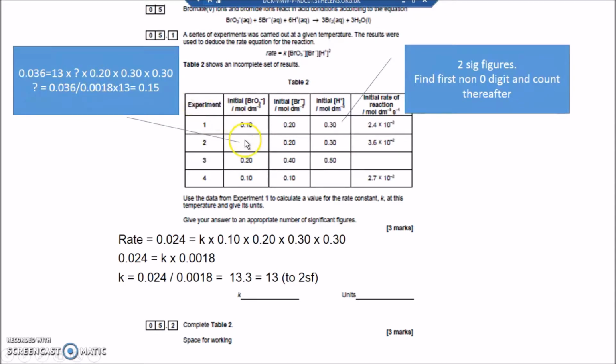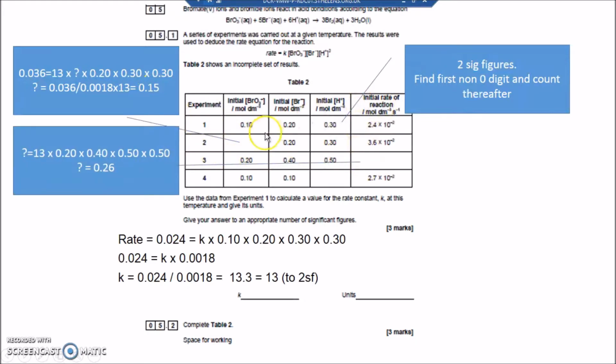Multiplied by the concentration of BrO3, I don't know that, so I'll put a question mark there. And then I've got 0.2 and 0.3 and 0.3 squared for the H plus. I work that out as 0.15.